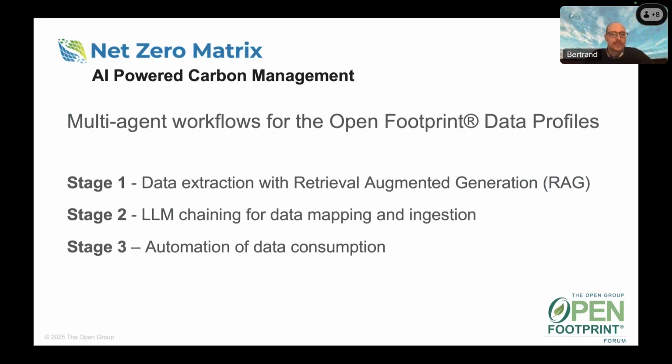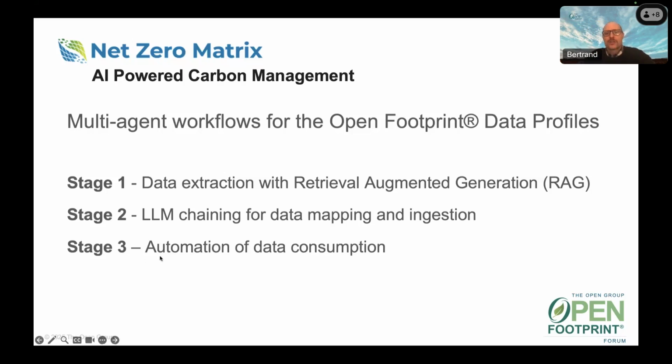Those three stages are, first, data extraction, and we're looking closely at using tools like retrieval augmented generation, basically a convenient way for LLMs to search through documents and extract relevant information. Then, taking that information and using modern tooling, we do LLM chaining, where essentially we have multiple large language models chained together that can assist, through a hybrid approach, in mapping and ingesting that data into your data structure, in this case the Open Footprint data standard.